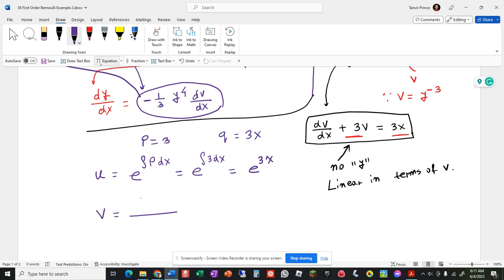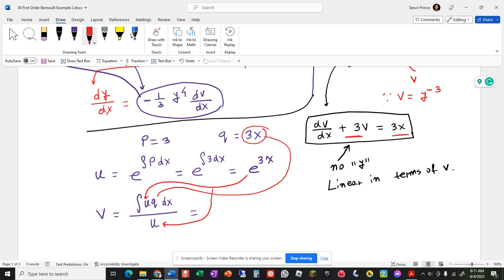On the top is the integral of u times Q, and the denominator is u. So let's do that. I'm going to substitute u in place of u, and Q in place of Q.